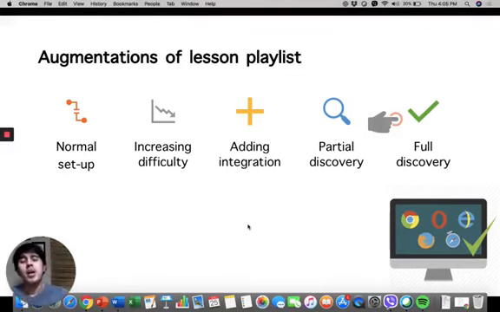Now, I'm not saying that these are the only augmentations of the lesson playlist, because your creativity is the only limit for the number of augmentations. Maybe you can discover more, or you can share more augmentations of lesson playlists other than these 4.